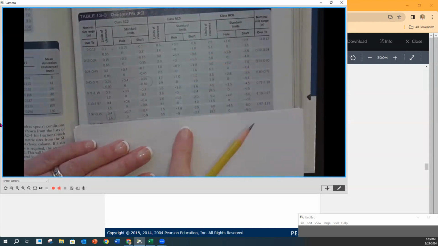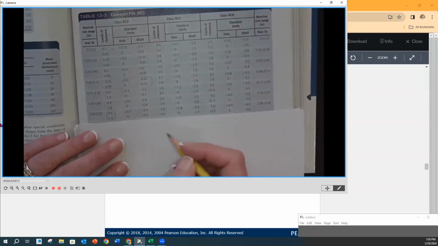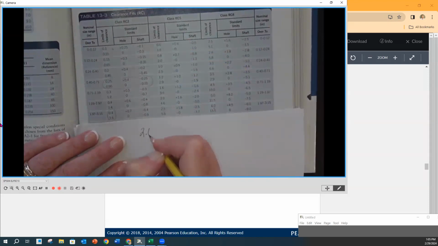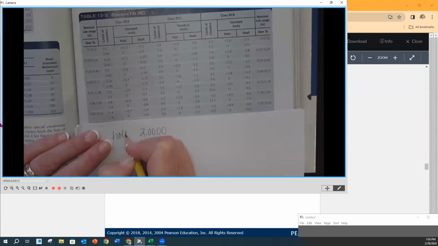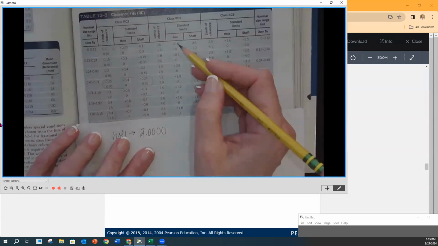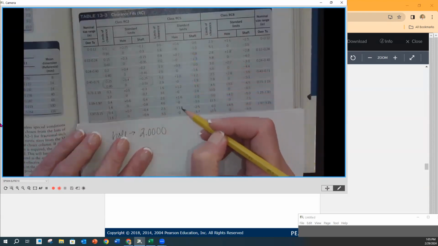Again, these numbers are in thousandths of an inch. I'm going to start with my nominal size of 2 inches in diameter, to 4 decimal places. I'm going to do the hole first, and then we'll do the shaft. For my hole, it says that we want to apply plus 1.8.